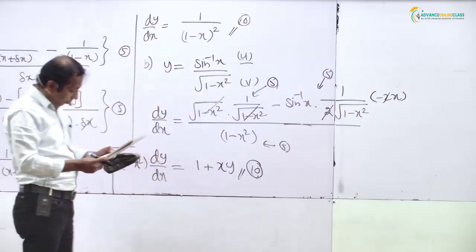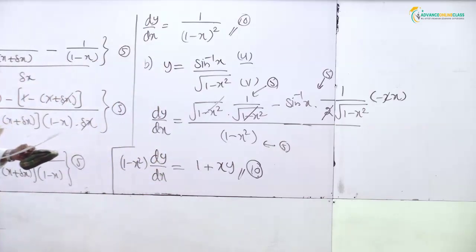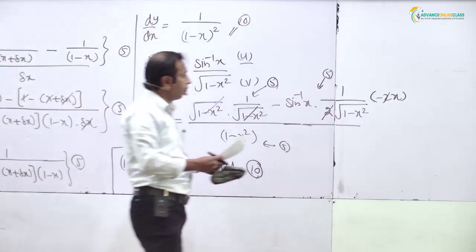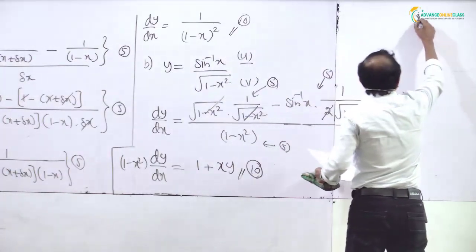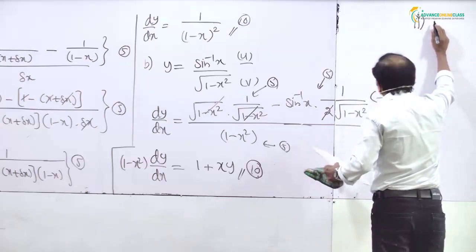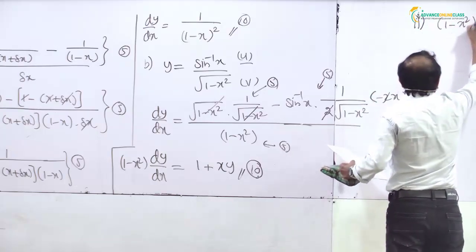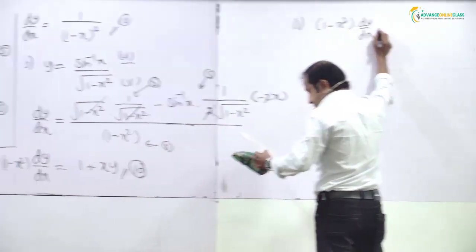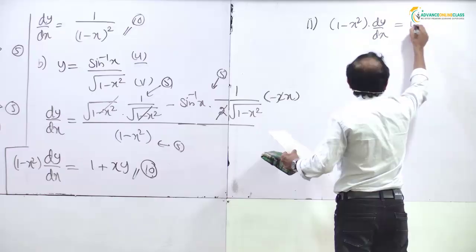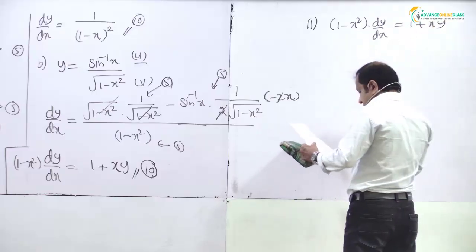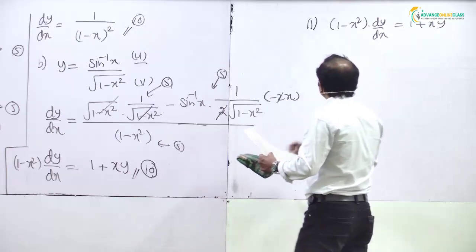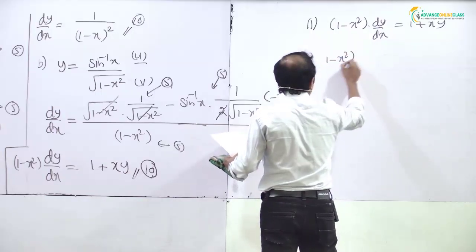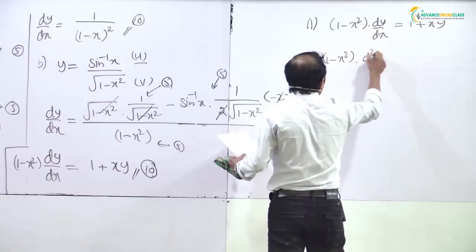10 marks. Right. The second one is asking for the second derivative. Differentiate this again. What is that? 1 minus x squared dy over dx equals 1 plus xy, no? We differentiate this again. Here you have to apply u into v. 1 minus x squared we keep the same, and differentiate dy by dx to get the second derivative.